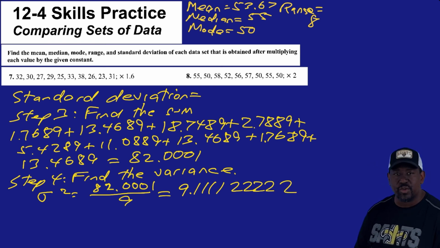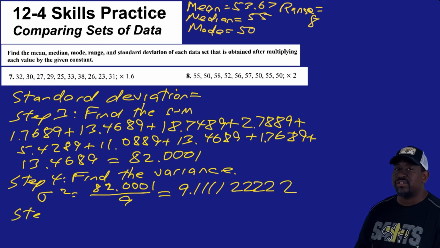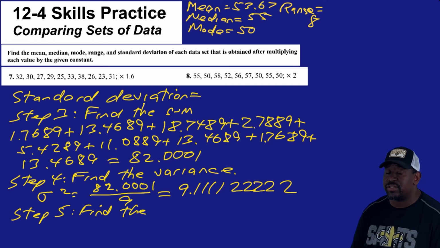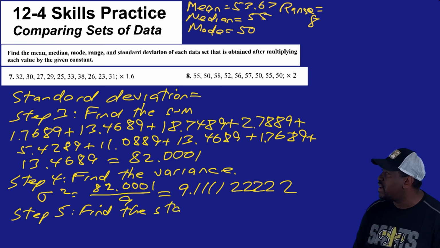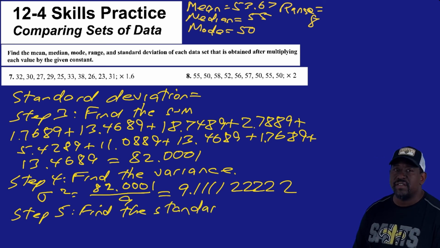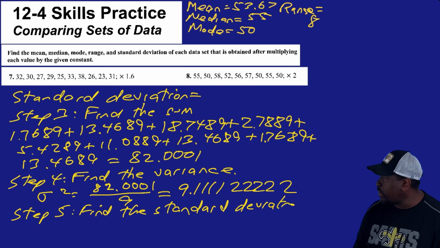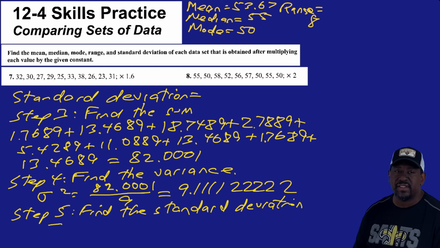So when we take the square root and we round it to the nearest 100th, it'll be as exact as possible. So the last step is we're going to find the standard deviation by taking the square root of the little sideways p, which we call the variation. We take the square root of that, and we will get our standard deviation for this set of data.